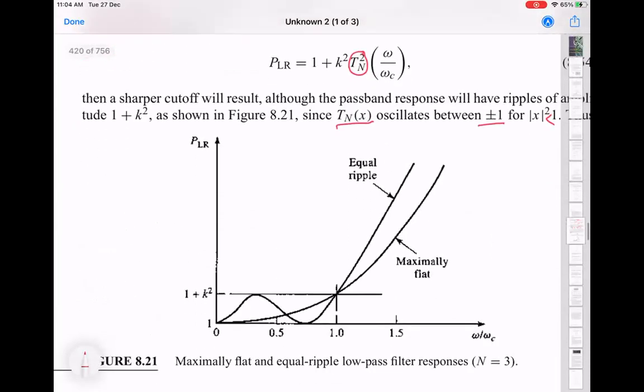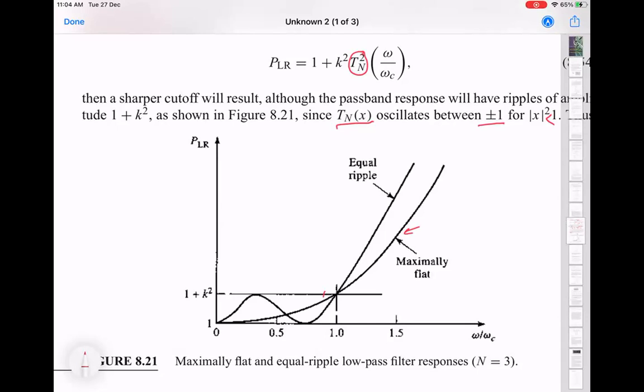But now in addition to that, instead of just being this smooth, so here the maximally flat is plotted here. So this one is the maximally flat. So that's the 1 plus omega over omega c to the power 2n. And this is the equiripple one, which means that in the pass band, you get this kind of oscillatory behavior.